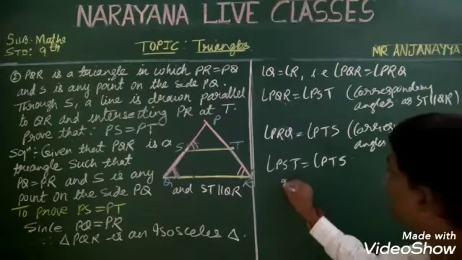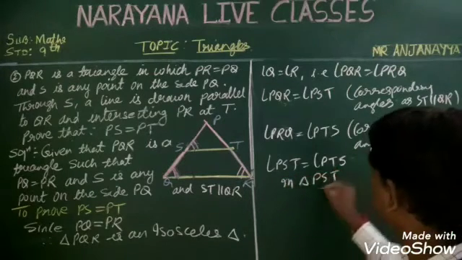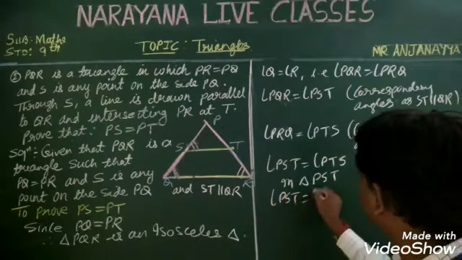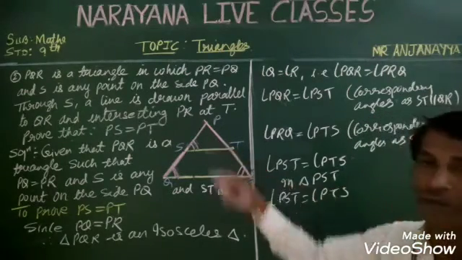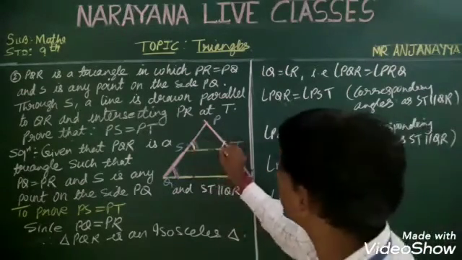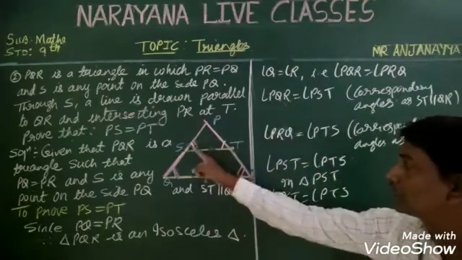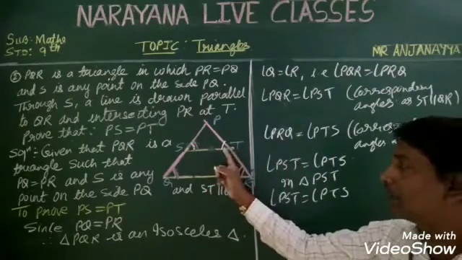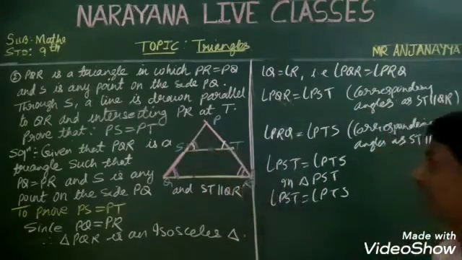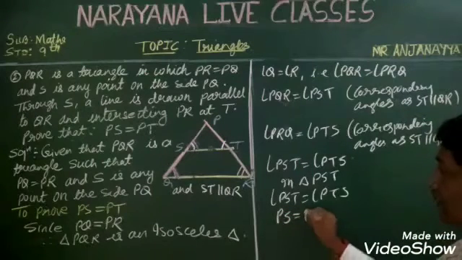Now I consider triangle PST. PST is equal to PTS. Just now we proved these two are equal. If two angles are equal, the sides opposite to them are equal. So I can say PS is equal to PT.